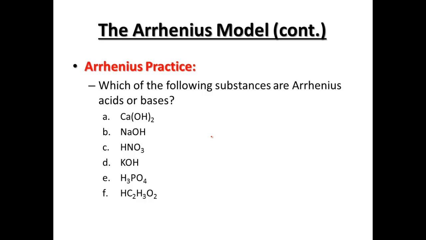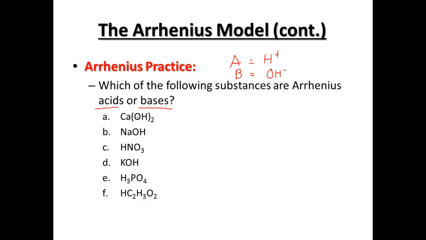For a couple of practice problems, if you are given a substance, you'll need to be able to identify whether it is going to be an acid or a base when dissolved in water. Acids, remember, have the H plus ion. Bases, remember, have OH minus, or the hydroxide ion.